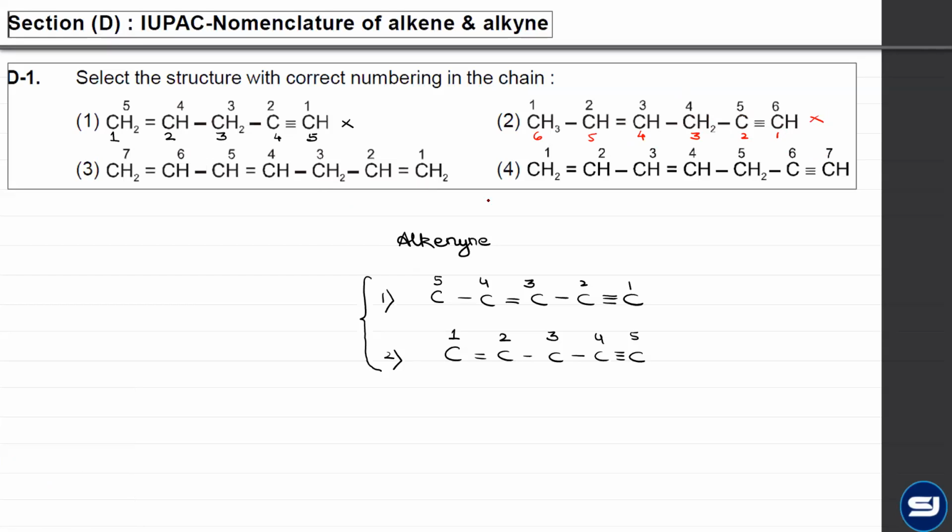Next, third one. This is a triene compound with 3 double bonds. Correct or incorrect? Incorrect. Why? Because the middle CH can get a lower number.